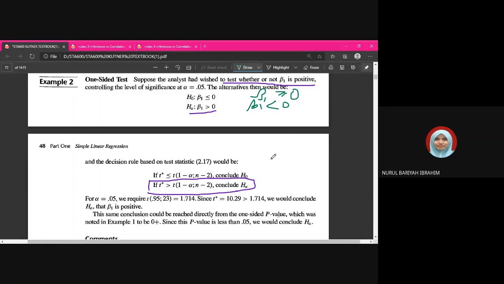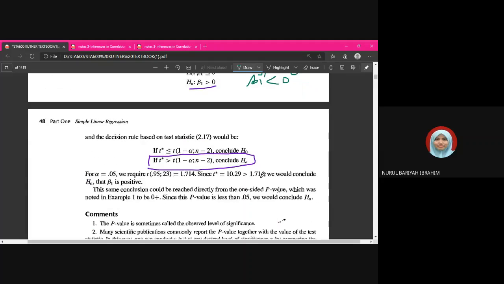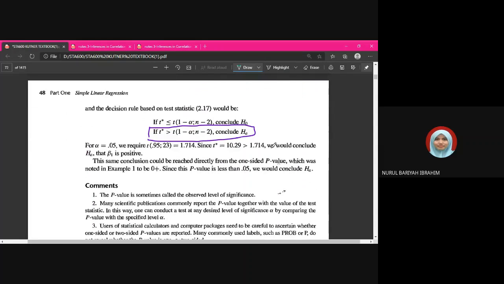Okay, so how about the decision rule? Dia akan jadi, we reject H0 if t statistic is less than the t 1 minus alpha. Kalau nak guna tabel merah, it will be t alpha saja dekat situ and n minus 2.